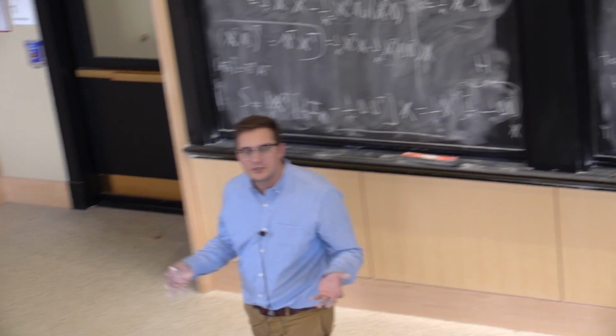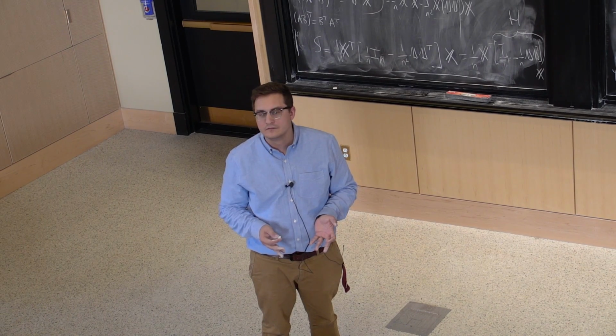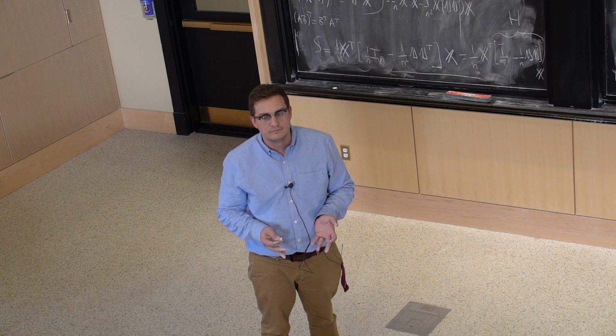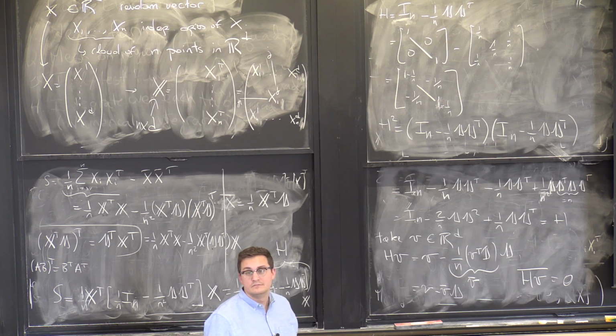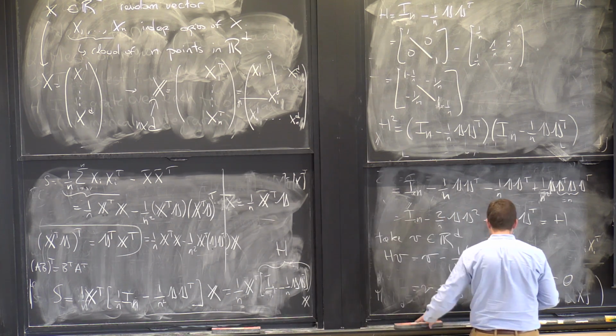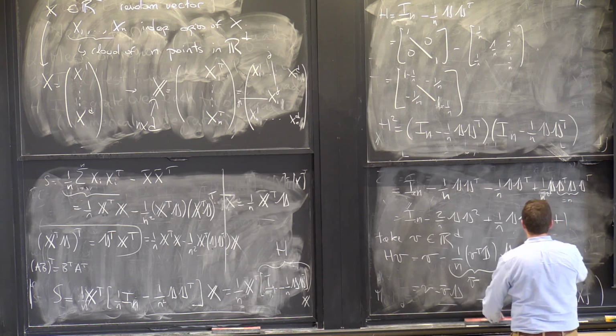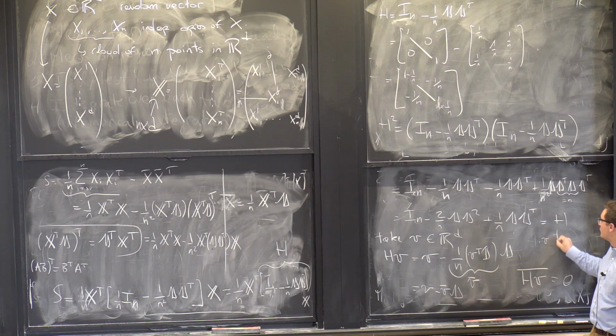So let me repeat my question. Onto what subspace does H project? Onto the subspace of vectors that have mean 0. So if you want to talk more linear algebra, for a vector to have mean 0, it means that V is orthogonal to the span of the all ones vector.